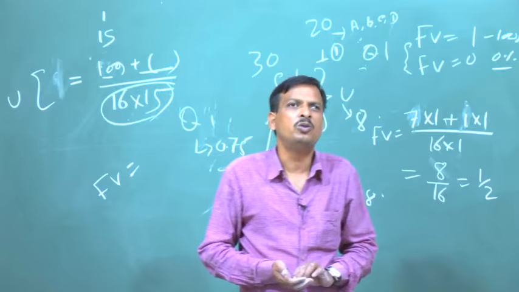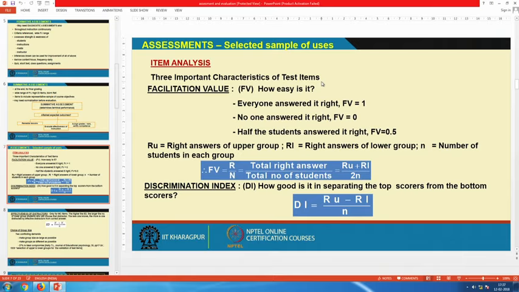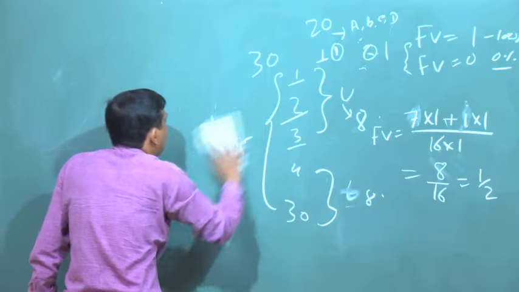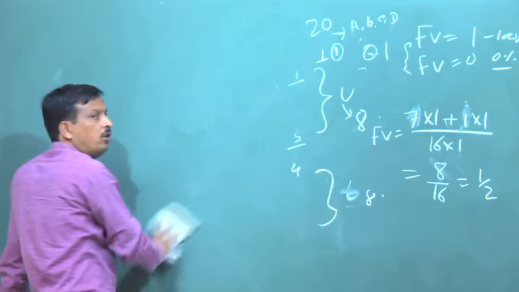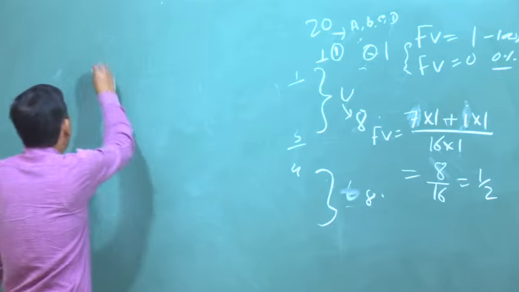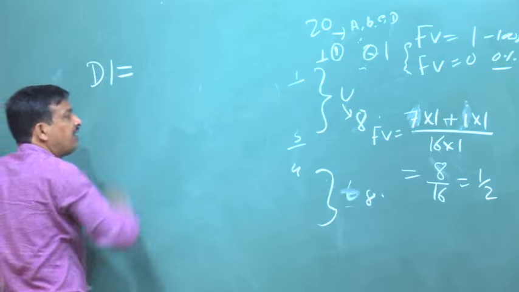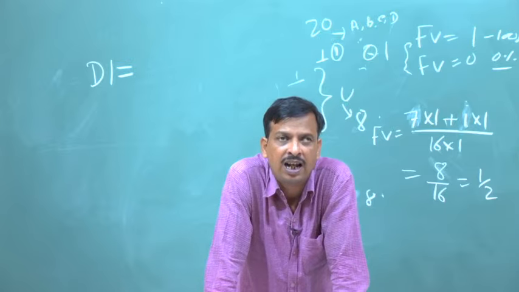Next one we want to do is called the discrimination index. DI, what is DI? Facilitation value is how easy the question is. Now, DI, the discriminative index, will test whether this question discriminates between the good students and bad students.